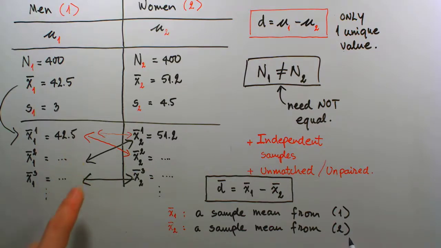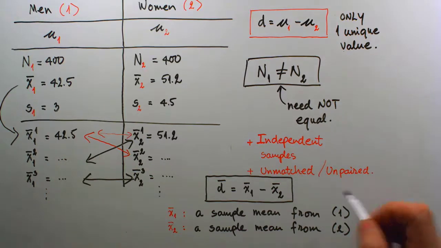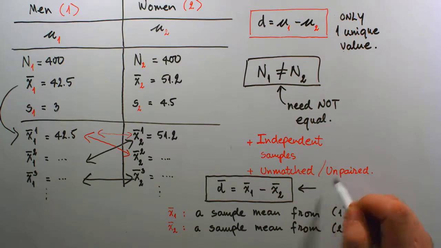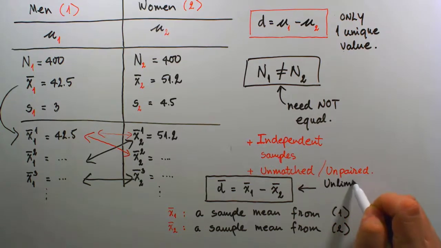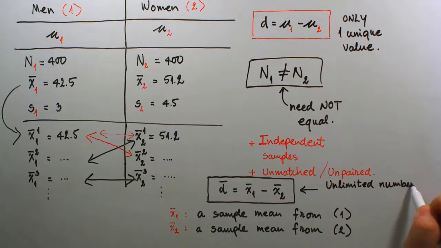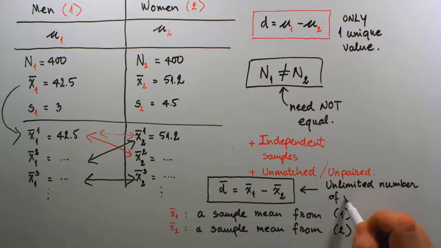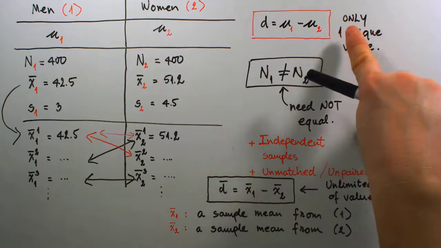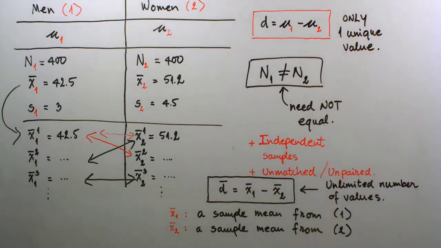And so in the way I drew my chart earlier, I can guarantee that we have an unlimited number of values for this variable. So this is more like a variable now, whereas this is one unique value if we know it. So that's the major difference between d and d bar over here.